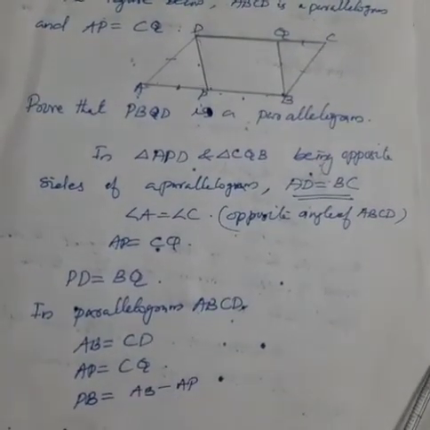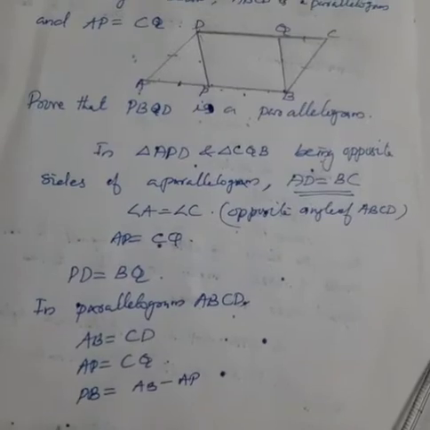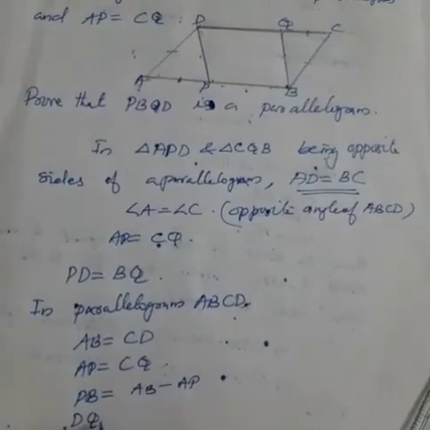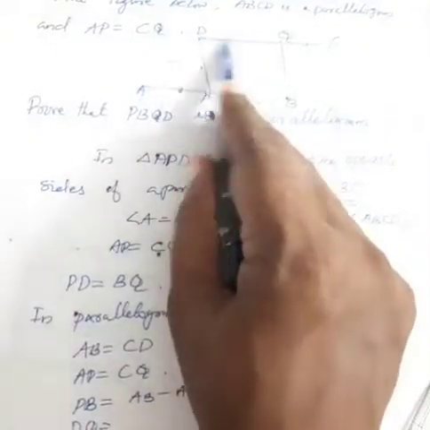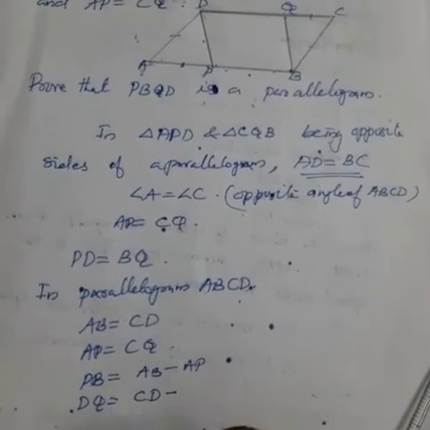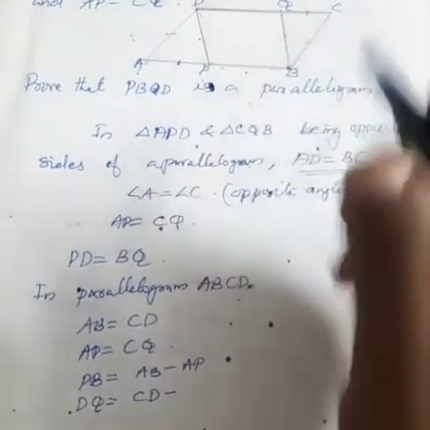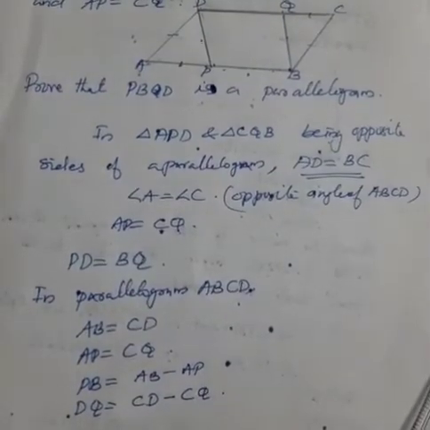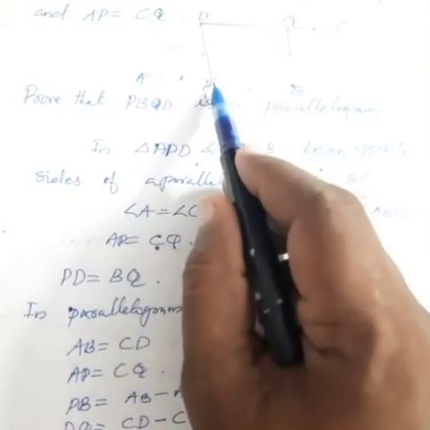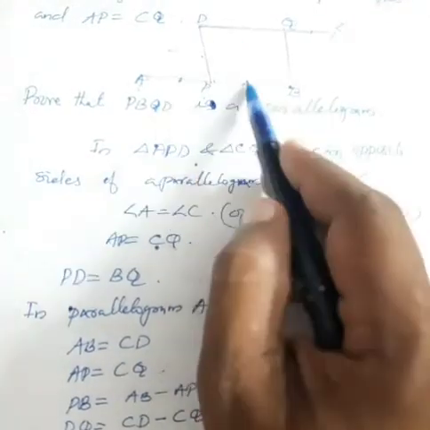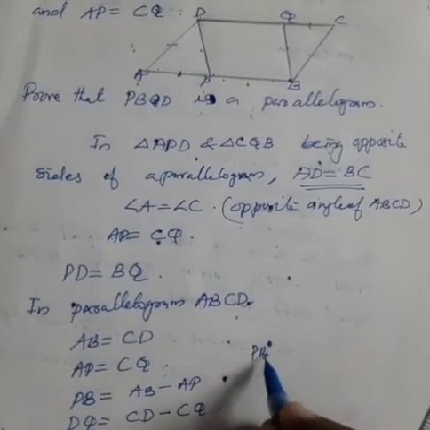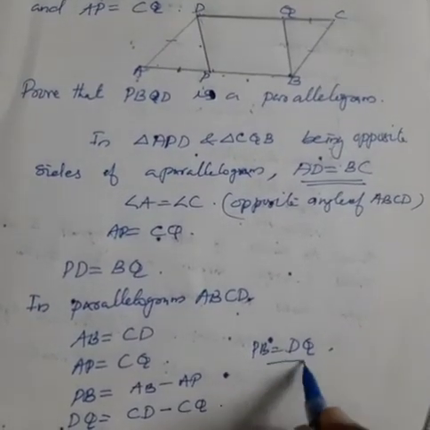Same like you can write DQ also. DQ is equal to the longest side CD minus CQ. So if you remove this one, you will get these two sides are equal. That means PB is equal to DQ.